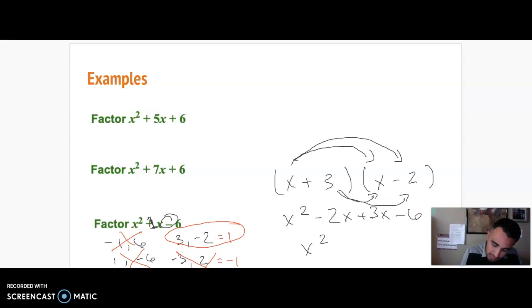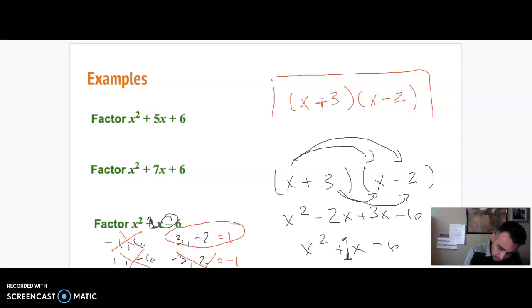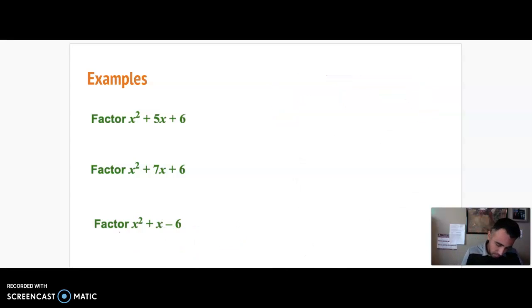Negative 2x plus 3x is simply x, where there is a 1 right there, minus 6. And that's exactly what we're looking for. So our final answer is x plus 3, x minus 2. Good.